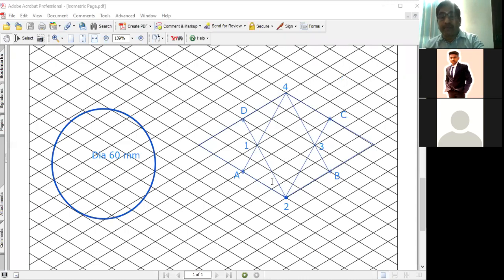You understand? So this intersection point is called center 1 and this corner is called center 2, and this intersection point is again called center 3 and this corner is again called center 4. So these 4 points are called the 4 centers.